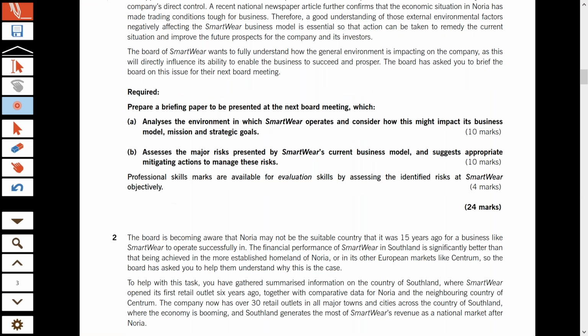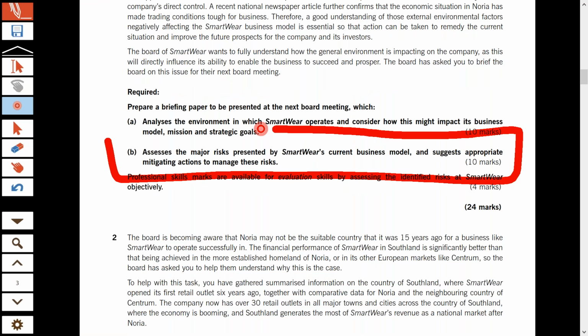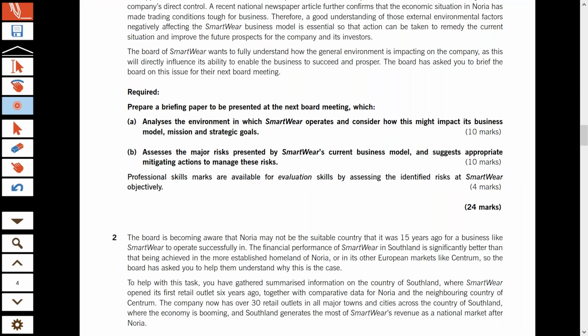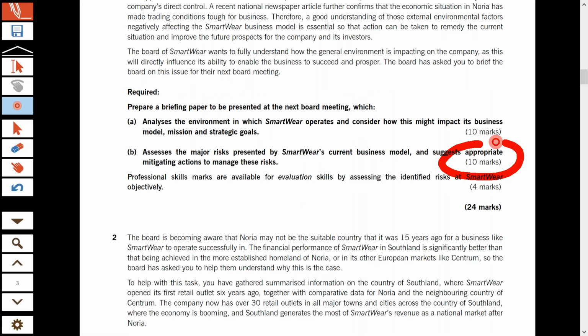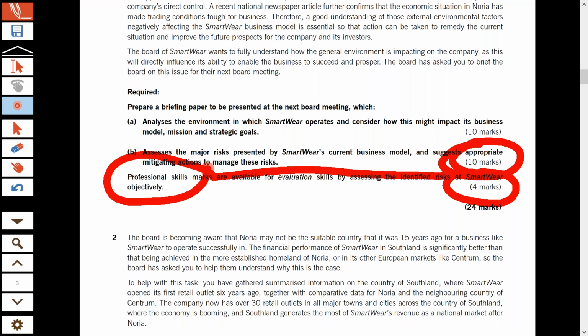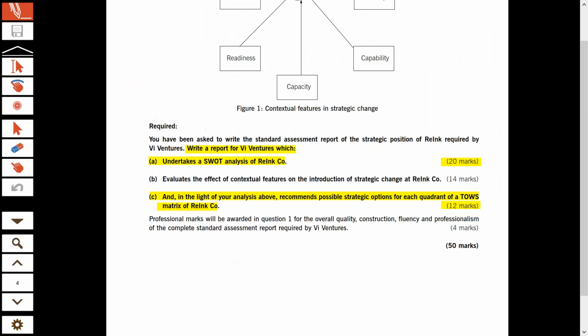And what is it? This one. Assess the major risks presented by Smartware's current business model and suggest appropriate mitigation actions to manage these risks. So major risks, you just write how many marks? 10 technical, and there is this 4 marks which is professional skills. Okay, 10 plus 4.